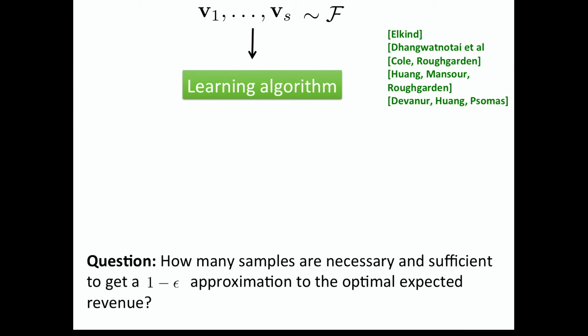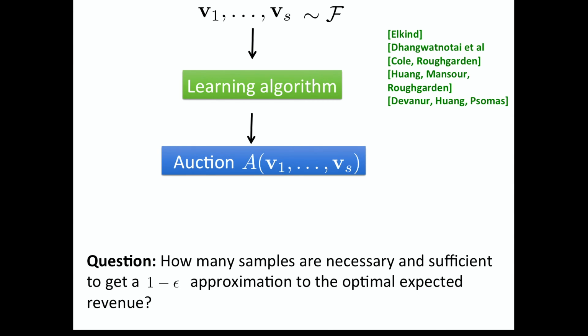I get to see some number of samples from the distribution, and if they're not IID, then each one of these represents one sample from each bidder. And I run some kind of learning algorithm that outputs an auction, and I want this auction to be good when I run it on a new sample.